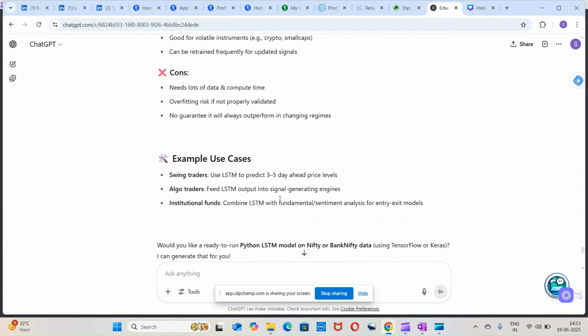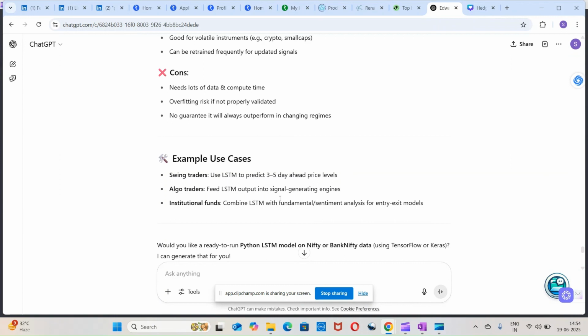Example use cases: swing traders can use LSTM models to predict the next 3 to 5 day price levels, and based on that they can take positions in swing trading. Algo traders can feed the LSTM output, a buy or sell signal, for example a prediction that tomorrow's price will be above today's price, into signal generating engines and take a buy trade based on that signal.